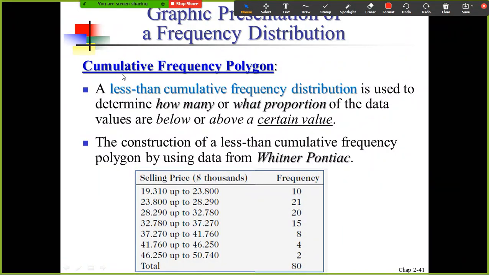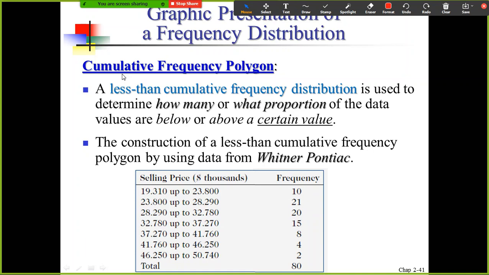Okay, suppose that now we already complete and you got the point how to construct, how to develop a frequency polygon. But this slide is not about frequency polygon, but about cumulative frequency polygon.